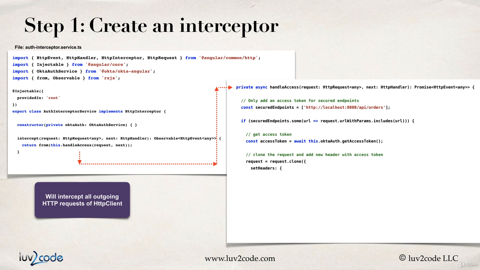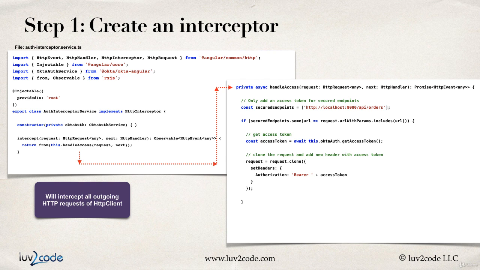Now we go through and we clone the request and we add a new header with our access token. Here I say request equals request.clone, and then I add in that new header. So remember, we're setting a new header. The header is Authorization: Bearer, and then we give the actual value of our access token.